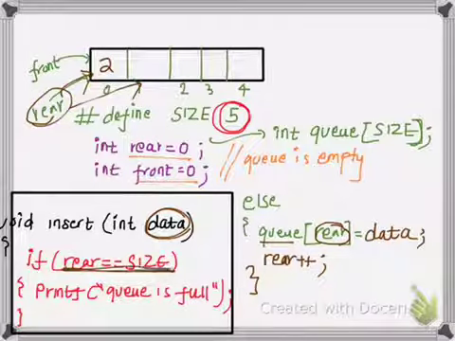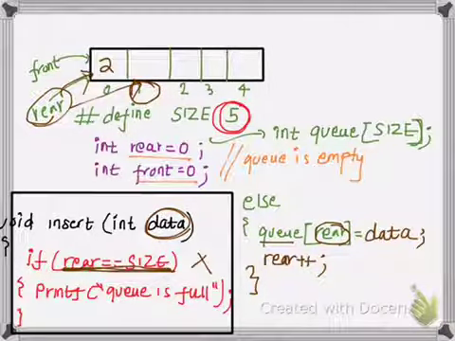And for the second case, what we're going to do is check the condition once again. If rear is equal to size, so here rear is equal to 1, which is not equal to size, so our if condition will fail and we have to move on with the else condition.